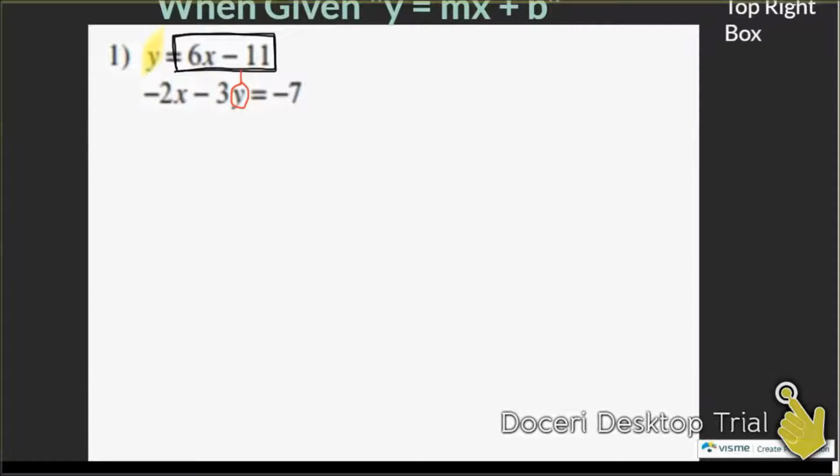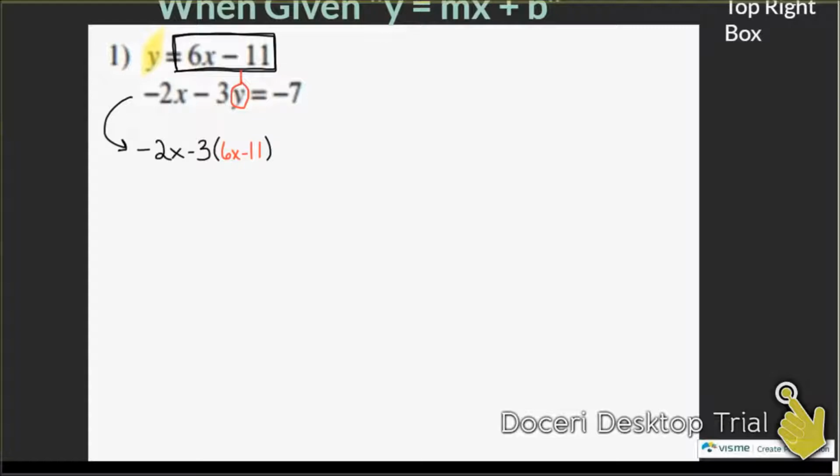So we're going to take that other equation and just rewrite it down below. It says negative 2x minus 3. Now remember, we're substituting in, so we're going to put parentheses around what we're subbing in. We're subbing in the information that we boxed, so we boxed 6x minus 11, and we're substituting that in for y.